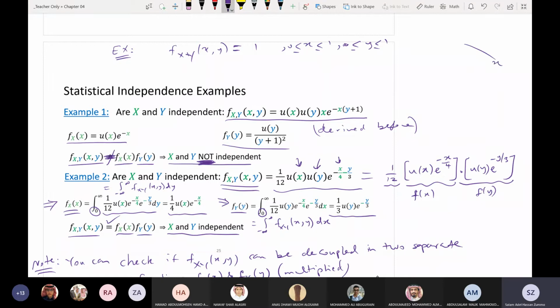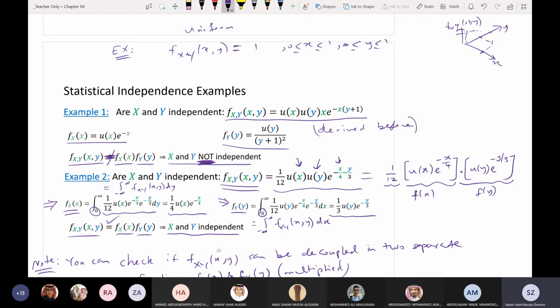If this is x and this is y and this is fx of x, هذا uniform in both. So basically I have 1, I have 1, so basically I have a full cube from 0 to 1. Okay, this is uniform in 2 dimensions.